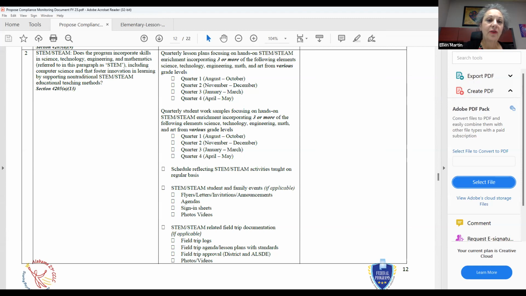Because you think about what you're doing, it's not just a math lesson. That doesn't denote it being a STEAM or a STEM. It's not just a science lesson. That doesn't make it STEM or STEAM. It's where you're incorporating those 3 or more elements of those 5, which makes it a STEM or a STEAM lesson. It's hands-on, again, incorporating 3 of the 5 from various grade levels. There's some great resources out there.